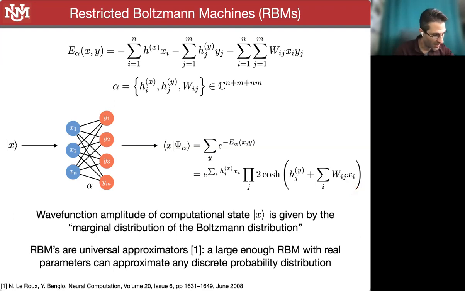And so long as the number of parameters here, right, which is just n for the number of local fields on what we call the visible layer, m for the number of local fields on the hidden layer, and then the couplings, of which there are n times m, so as long as this number is not exponentially large in n, you have an efficient representation.